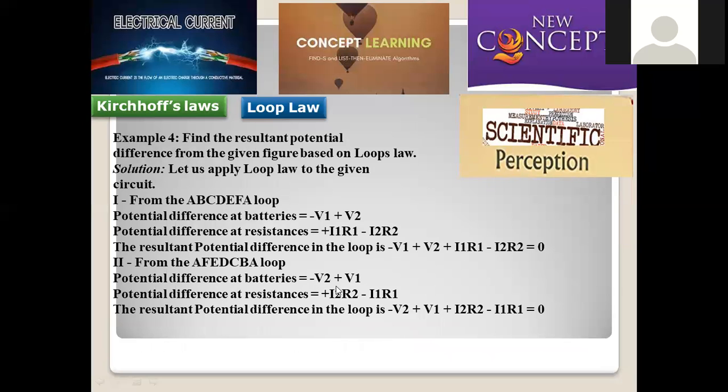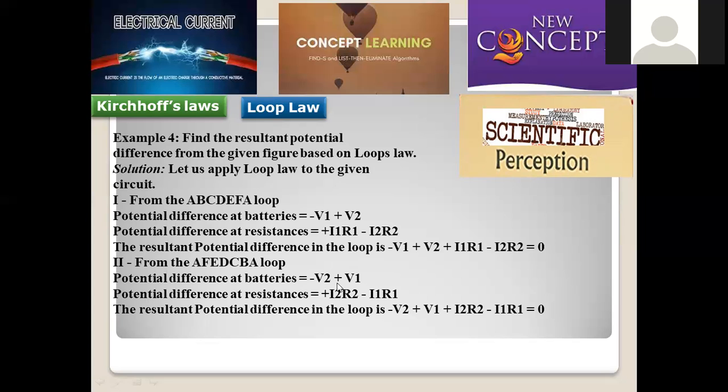So minus V2 plus V1, because whatever values were provided in condition number 1 are exactly inverted here, because we are changing the direction. Initially we moved toward the right hand side, now we are changing to the left hand side. The plus sign will become minus, the minus sign will become plus. So minus V1 will become plus V1, plus V2 will become minus V2, and the resistor signs are also interchanged: minus I2 R2 plus I1 R1, right?